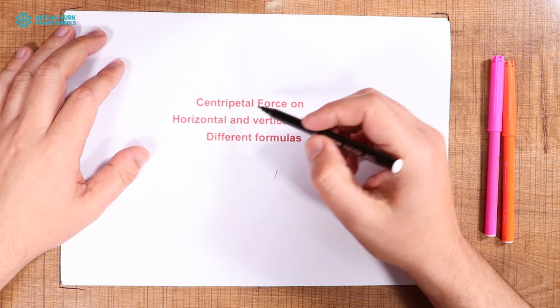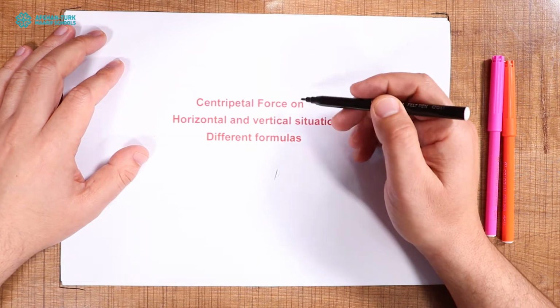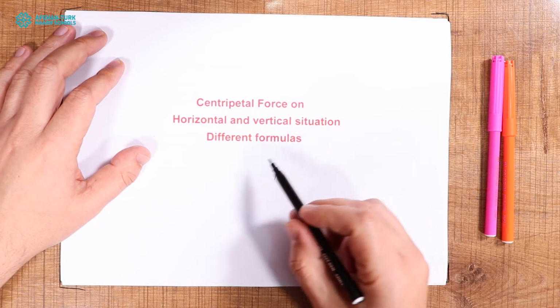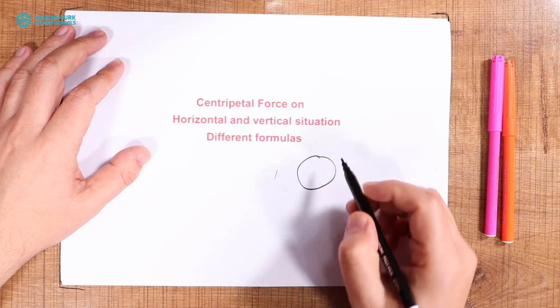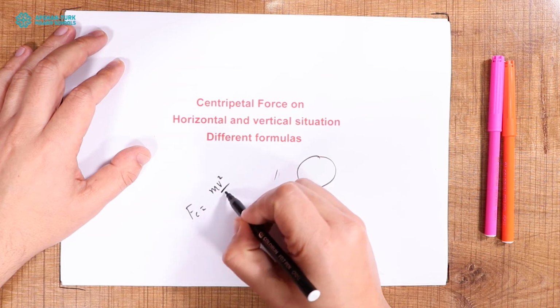Today we are trying to study some formulas of the centripetal force. On the next page, we also discuss the general formula of the centripetal force, which is mv square divided by r.